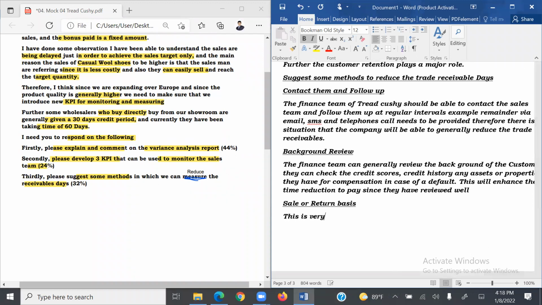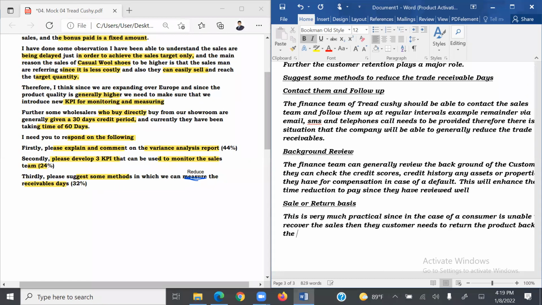This is very much practical, since in the case of a consumer who is unable to recover the sales, then the customer needs to return the product back to the company. Are you understanding what I'm saying there, students? Yes or no?